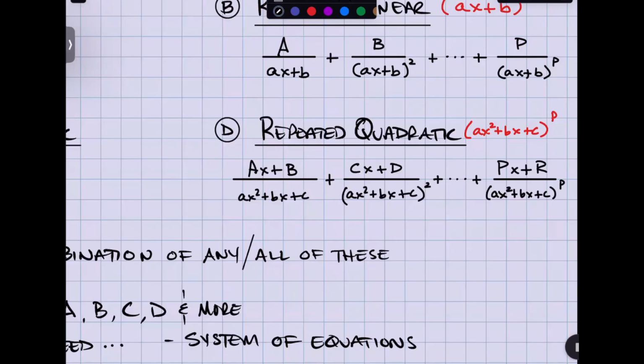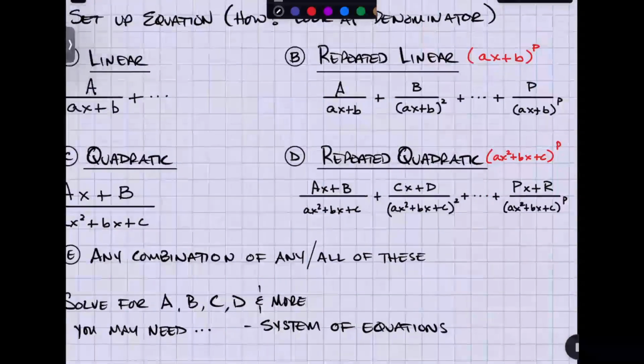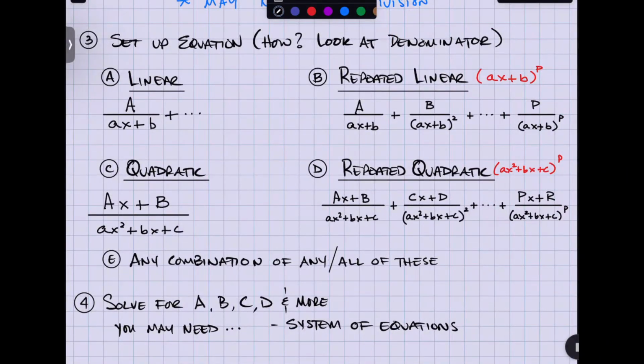Now notice that every single time I write this, on all four of these, that I'm writing them all as proper fractions. The power on top is smaller than the power on the bottom. Agreed?